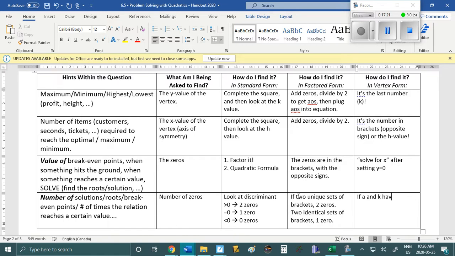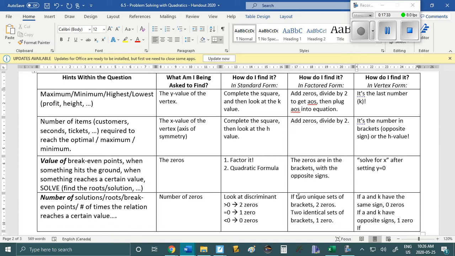If A and K have the same sign, 0 zeros. If A and K have opposite signs, 2 zeros. Sorry, I made a mistake earlier. If K equals 0, there is 1 zero.